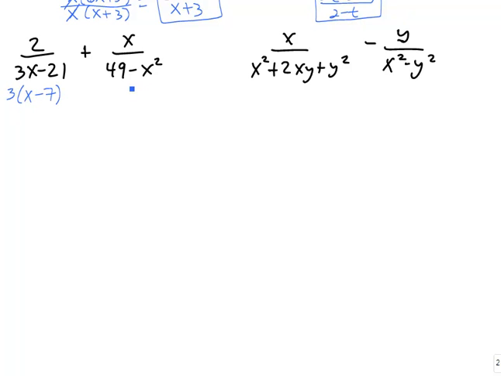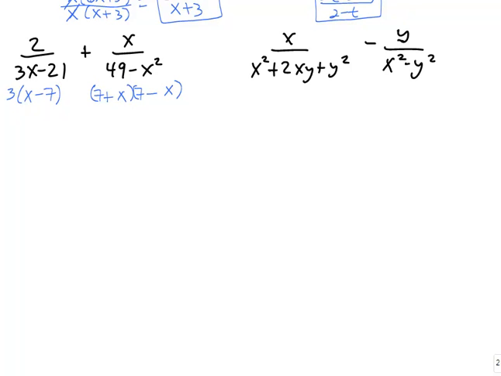The second denominator is a difference of squares, since 49 is a perfect square. So if we factor this, because the 49 comes first, we need to start our factors off with 7s. Since the x comes second, we need to have the x's come second in our factors. One of these should be plus, and one of these should be minus.